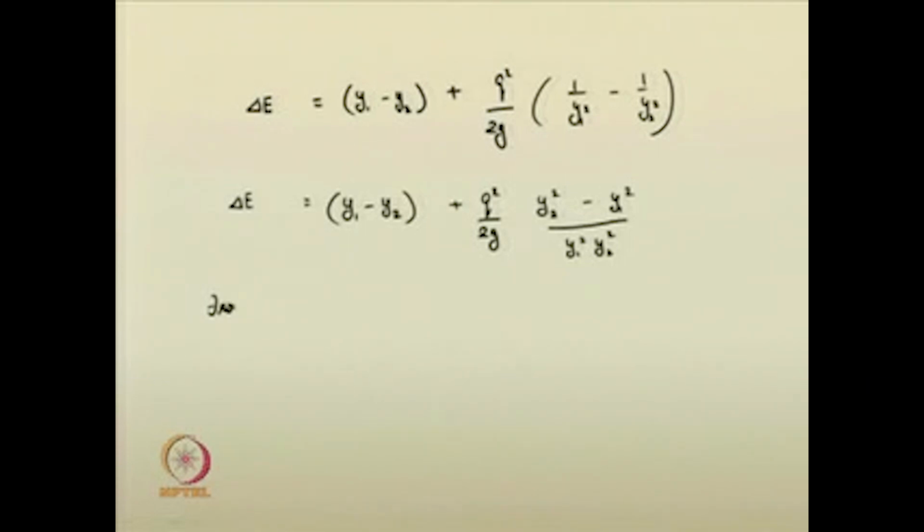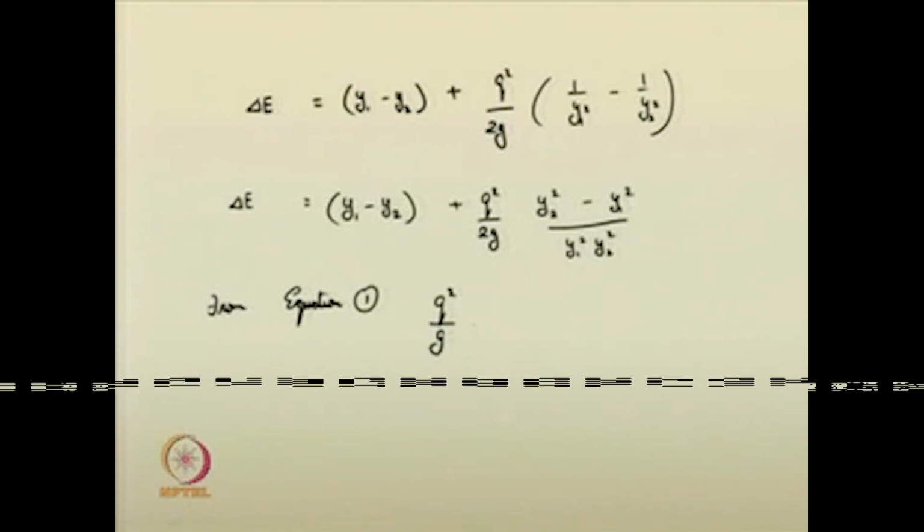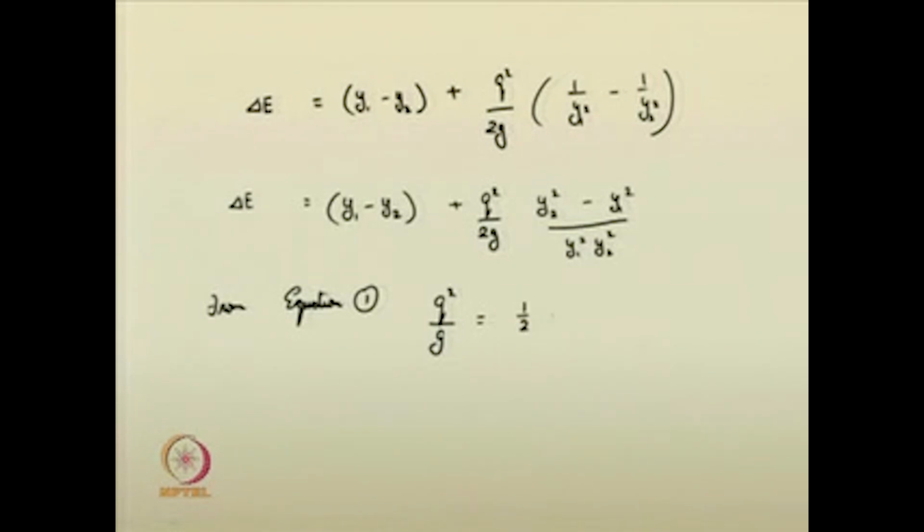From equation 1 which we derived today, q squared by g is equal to half of y1 y2 into y1 plus y2. You recall them, right? You just substitute these quantities here. So, you will get an expression for delta E now.